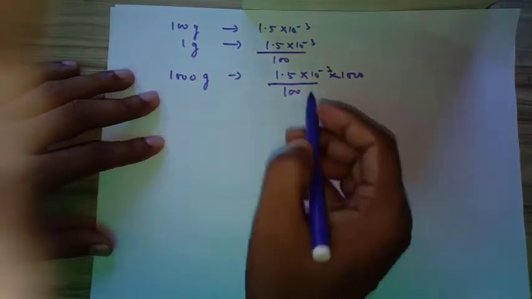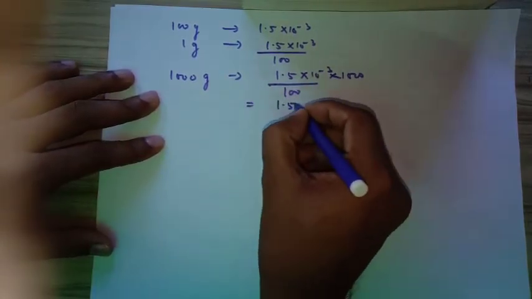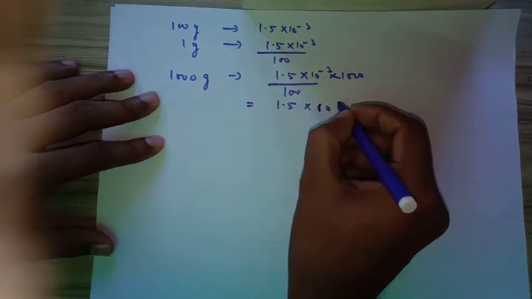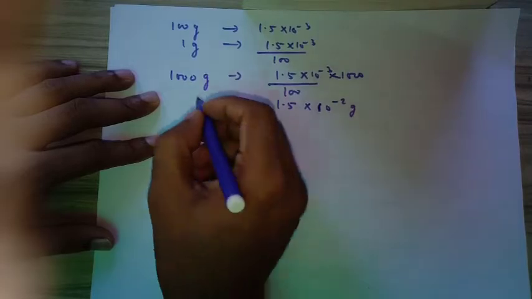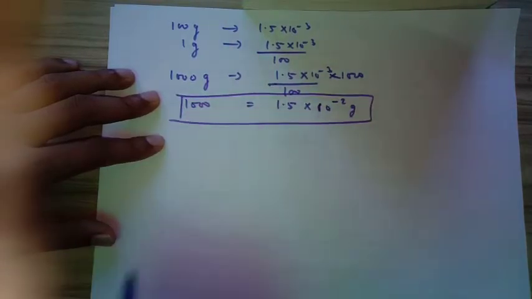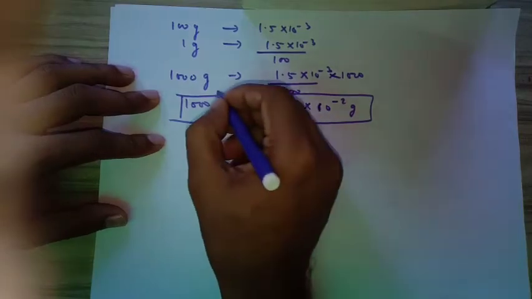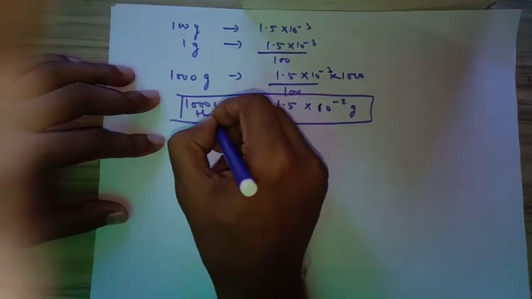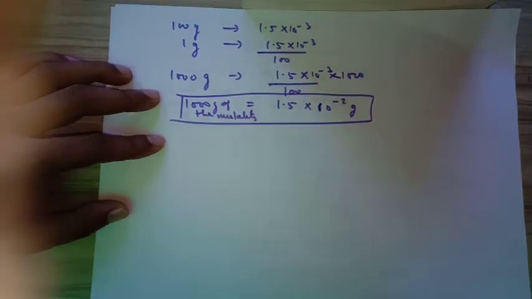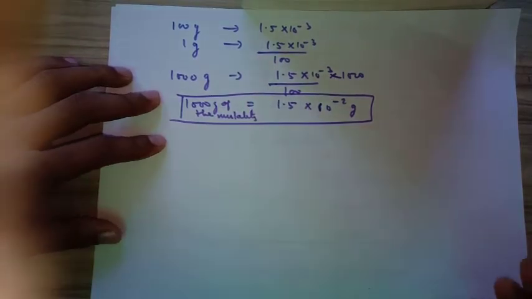So this will give us 1.5 into 10 to the power minus 2 gram. So this is for 1000 gram of the sample, and molality is obtained from 1000 gram only, that is 1 kg.